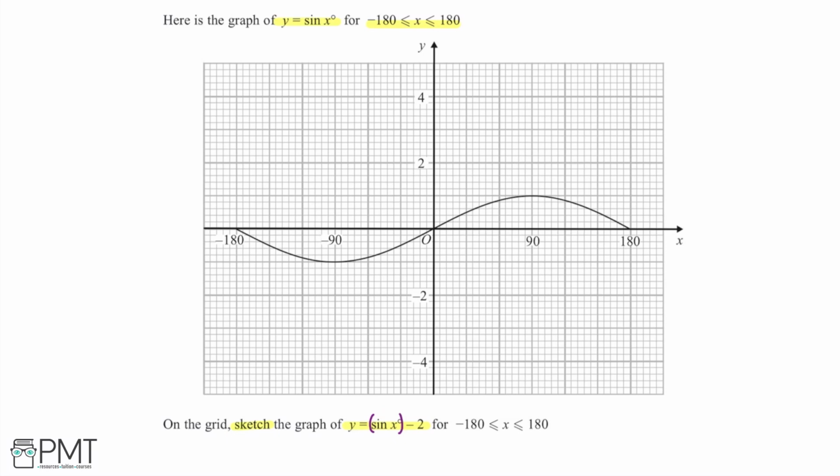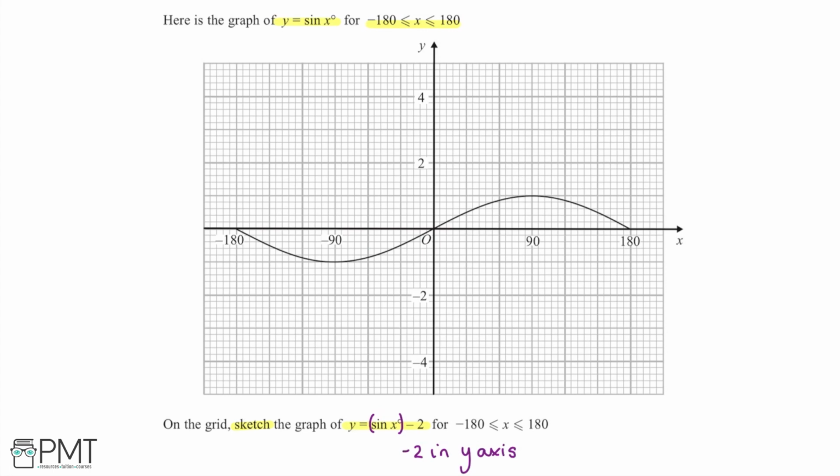So if we have y equals sine x in brackets, minus 2, we're going to have a transformation in the y-axis. Now, the transformations in the y-axis happen as you think they're going to, so a transformation of minus 2 is going to mean that the graph shifted down the y-axis by 2, so minus 2 in the y direction.